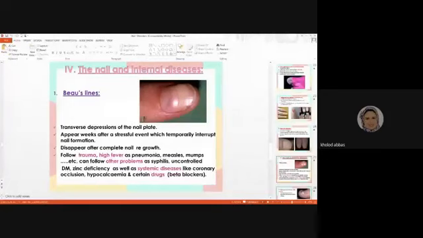I mean, there is temporal cessation of the nail growth due to a stressful event such as trauma, high fever, other infections, pneumonia, measles, mumps, systemic diseases, or certain medications. This cessation will not appear at the time of the event, but usually weeks or even months, 2 to 3 months, after this stressful condition.